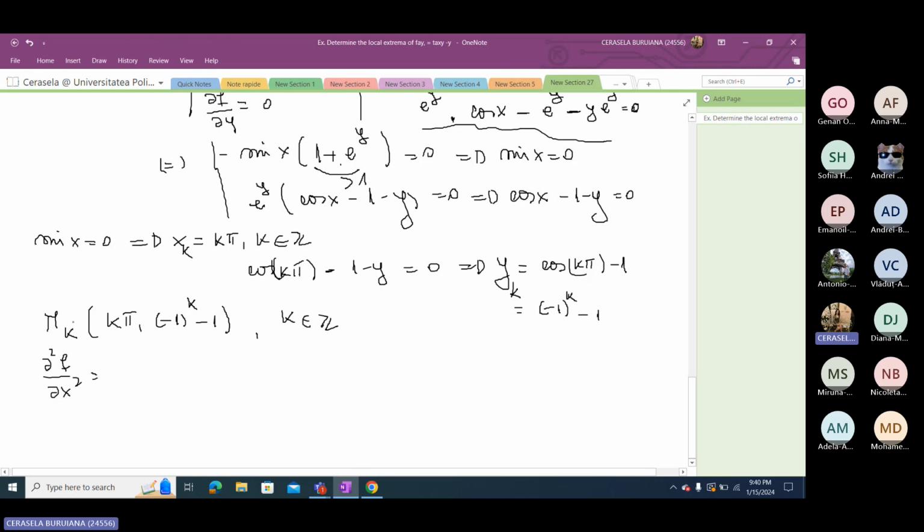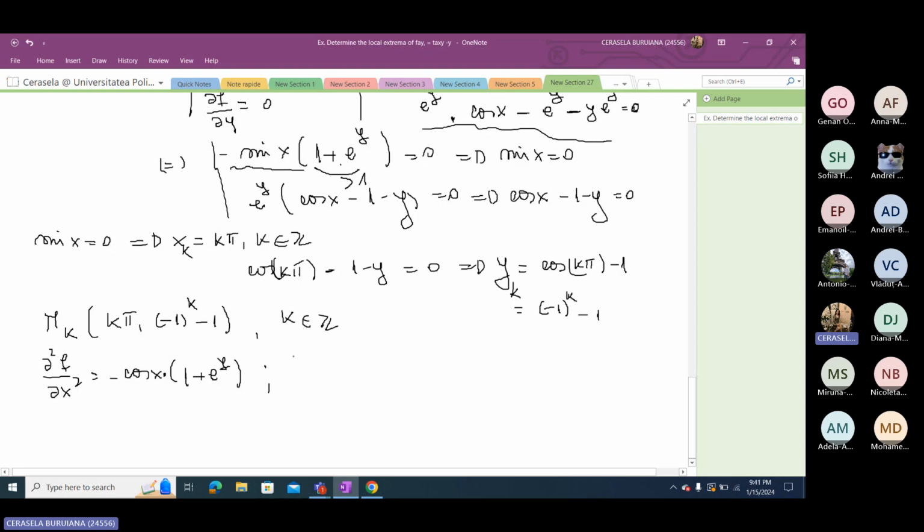The derivative of second order in function of x: let's derive one more time in function of x this relation, and we get minus cosinus of x times 1 plus the exponential. Is it okay? Yes. Here is the product, by the way.